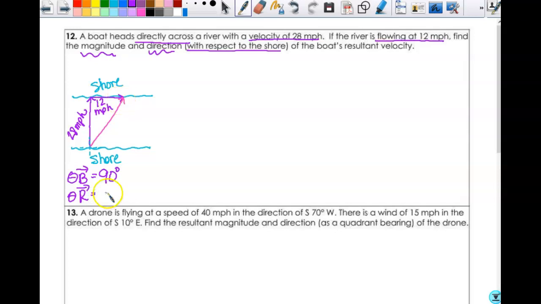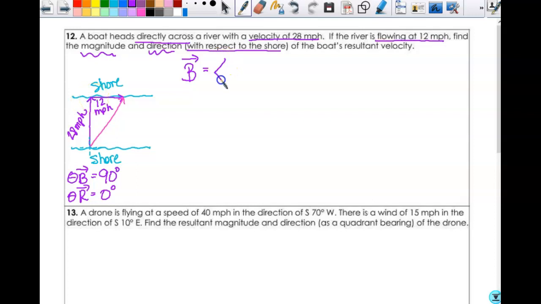Now on the last one we did, even though we had a degree of 0, we actually wrote in our trig stuff, but I don't have to actually do these with trig. The reason I have to do that is when I have an angle, like I don't know exactly what the components would be for these vectors, but these I clearly do. Because for the boat vector, if I'm starting here, I'm not going left or right any. I'm just going straight across that 28.